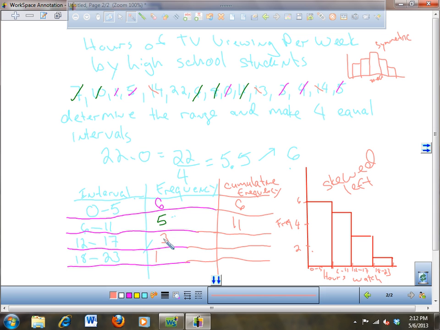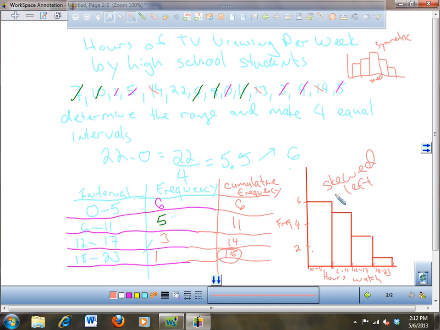And then I have 11 plus 3, and I get 14. And then 14 plus 1, and I get 15. And this number here should be the same as the total number of items in your set of data. You see that? Cumulative frequency is just adding them all up as you go.